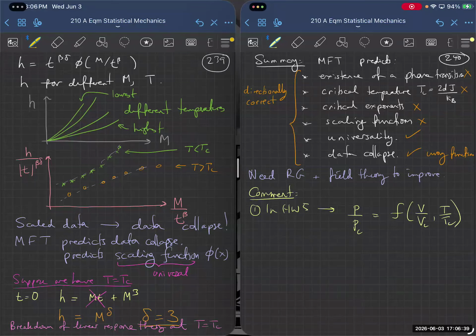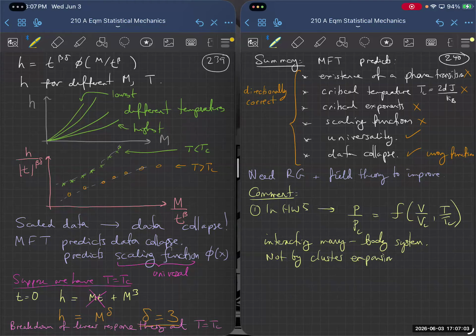You're asked to do that for an interacting many-body system. And you did it not by doing cluster expansions and all of that stuff, but by dimensional analysis.